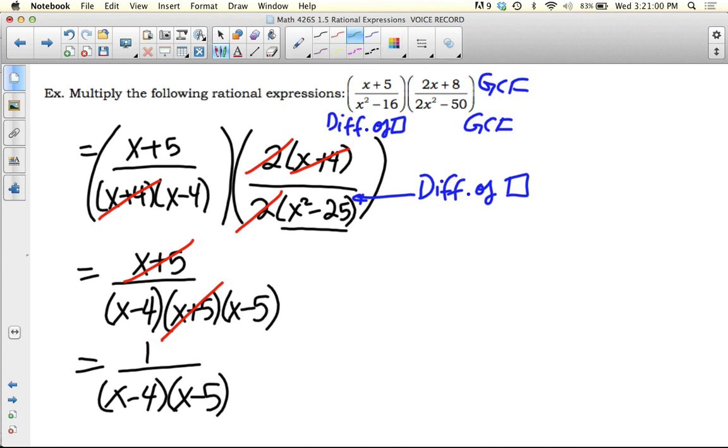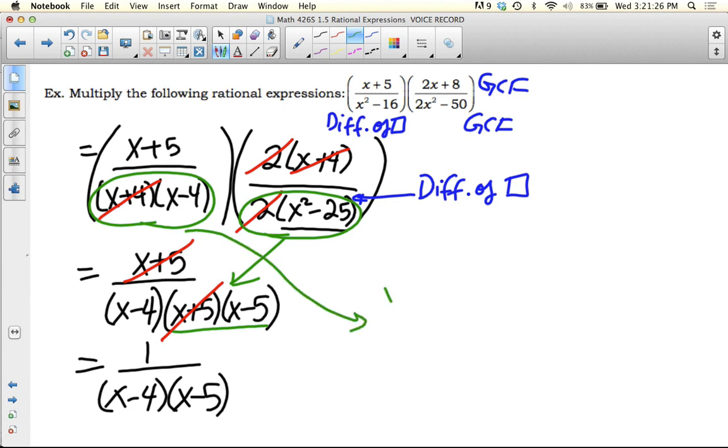So don't forget, we also need to do our restrictions. Our restrictions are going to come from any of our denominators. So we have denominators here, and we have a denominator here, but that turned into those two factors of x plus 5, x minus 5, so that's going to make it easier to tell what our restrictions are. From this group, x cannot equal -4 or +4.